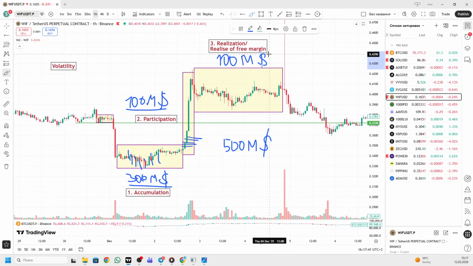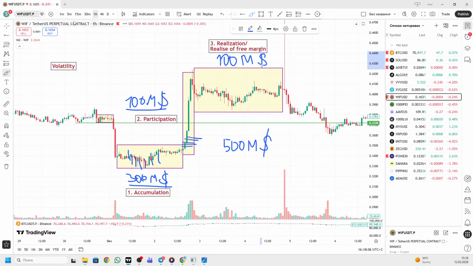Okay, but he wants to push the asset even further. To do that, he needs more liquidity and more margin. So what does he do? He buys the asset here, and then he starts selling part of it higher, collecting his USDT back. This allows him to free up resources and prepare for the next movement in the market.